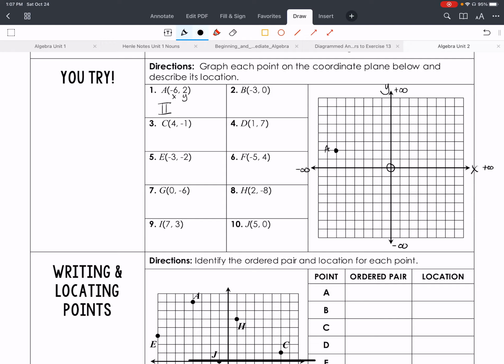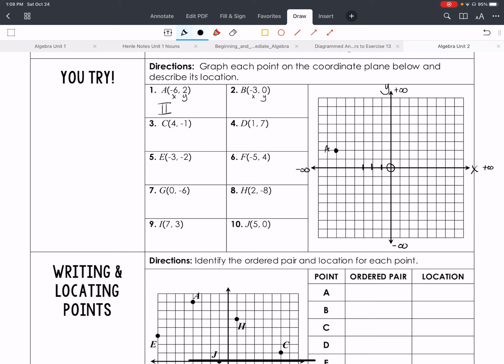For number 2, the point B is located at -3 on the X number line and 0 on the Y number line. So -3 on my X number line: find your origin and count down 1, 2, 3. So that's where -3 would be. And then from there, my Y coordinate is 0.